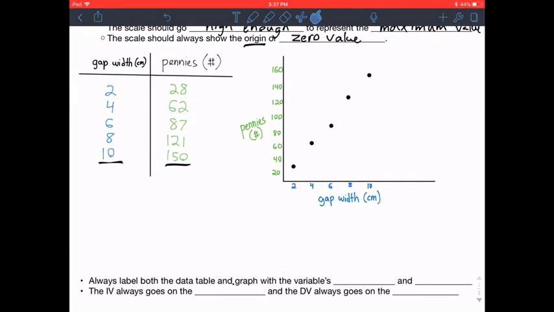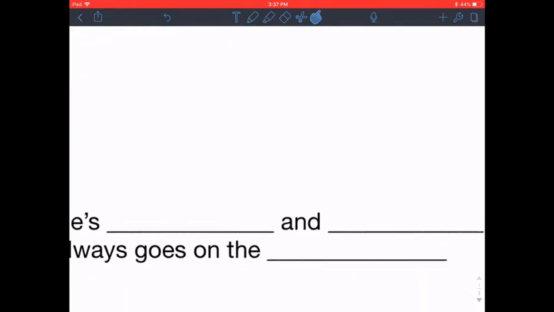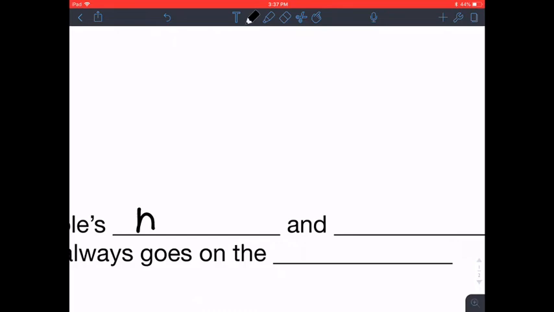Next thing we need to do is make sure to label everything. So we always want to label the data table and the graph with the variable's name and also its unit.